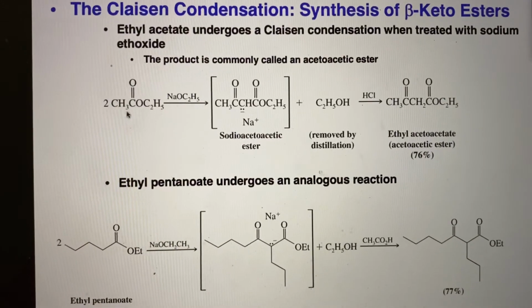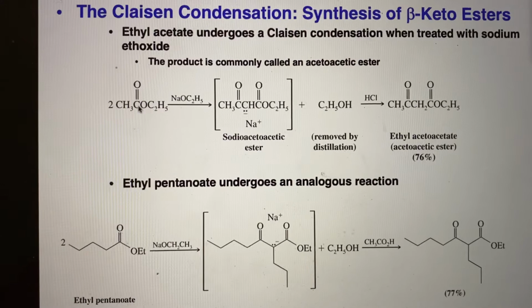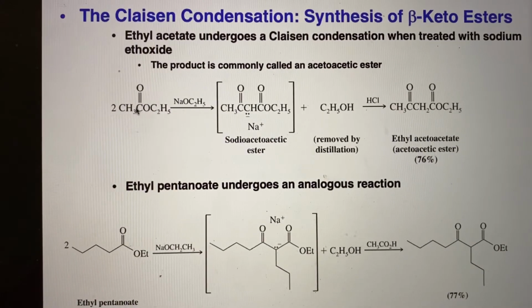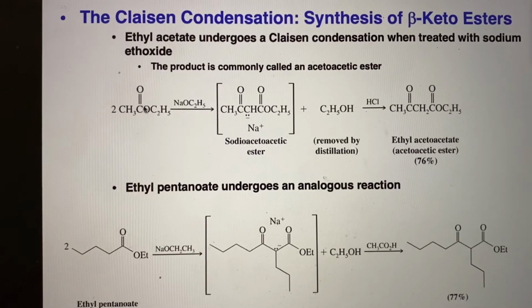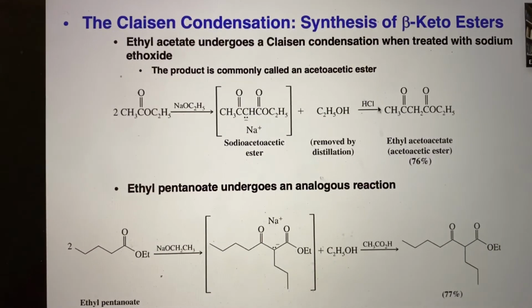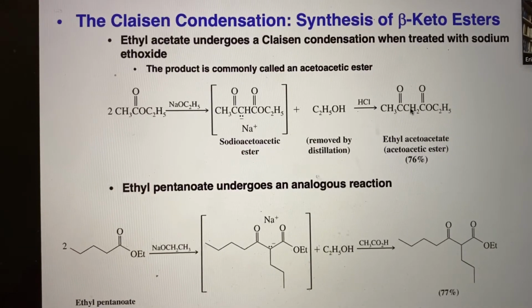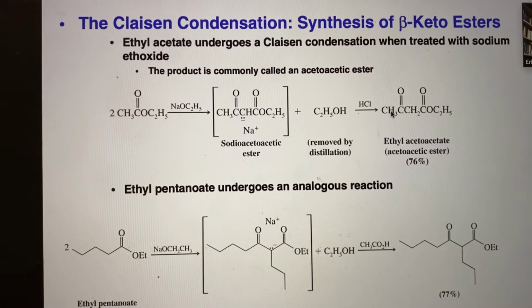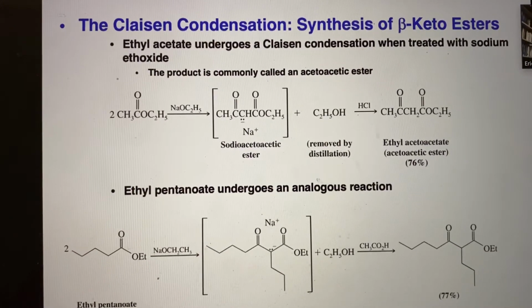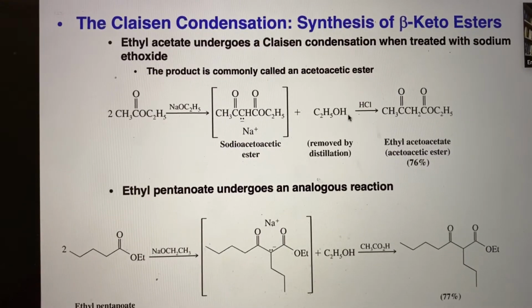So the way I want you guys to think about this is highlight not the ester part, but highlight the fact that we're taking whatever's to the right of the carbonyl at the alpha position. In this case, this is 2 carbons, and I'm going to make 4 carbons if I don't include this ethyl group here. So 1, 2, 3, 4. It is a dimerization in a different way, but it doesn't add up because we have the elimination of this ethyl group.